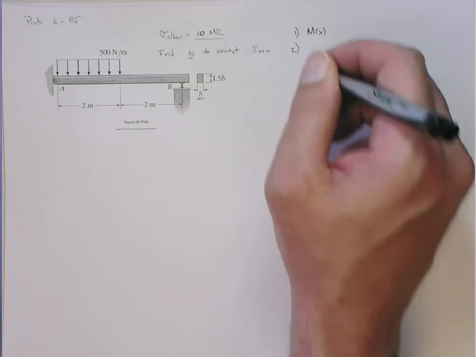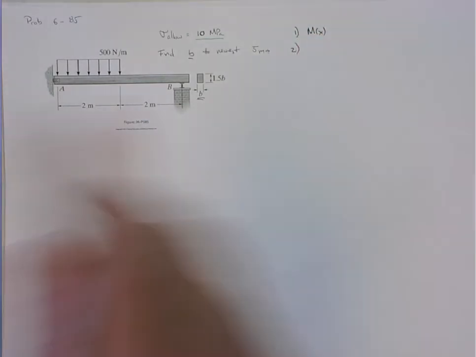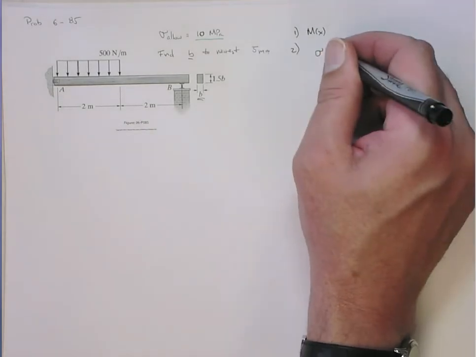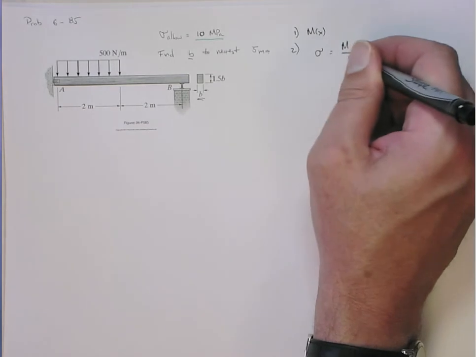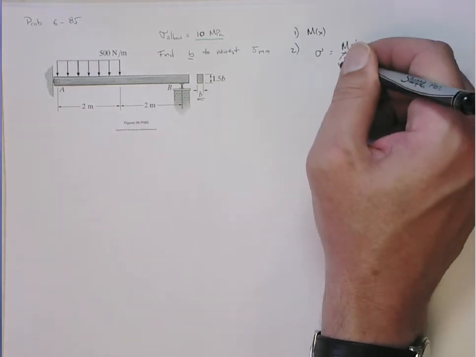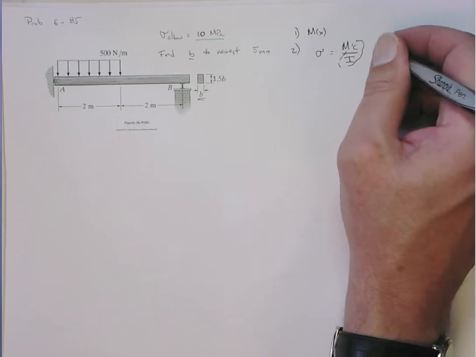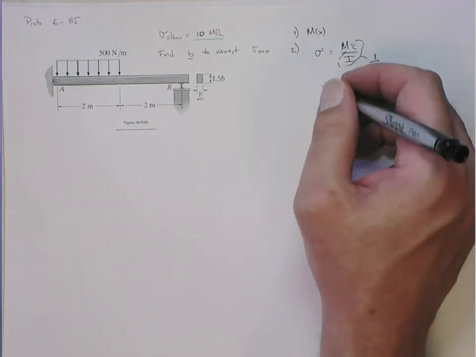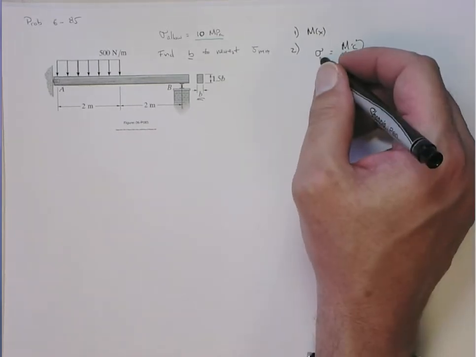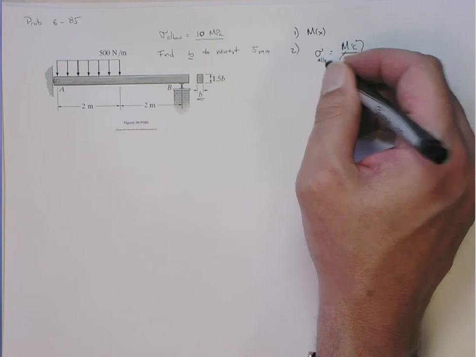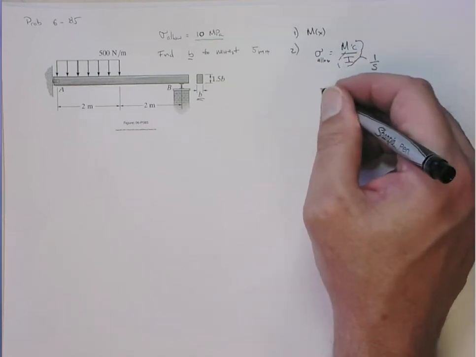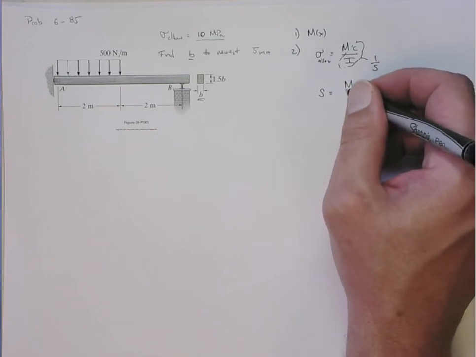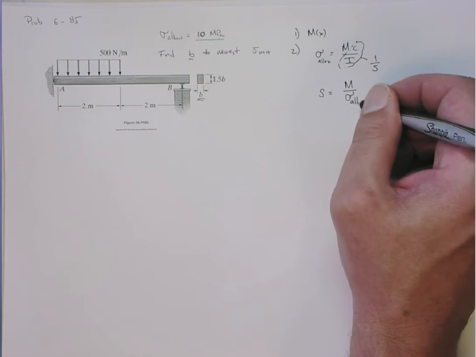Then the second step is going to be, knowing that the stress is equal to the max bending moment times C over I, and if we define C over I as 1 over S, S the shape factor, where the shape factor is I over C, and we set the maximum stress to the allowable stress, we can basically solve for the shape factor: S is equal to the maximum bending moment over the allowable stress.